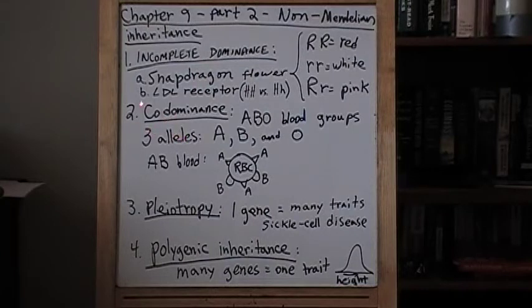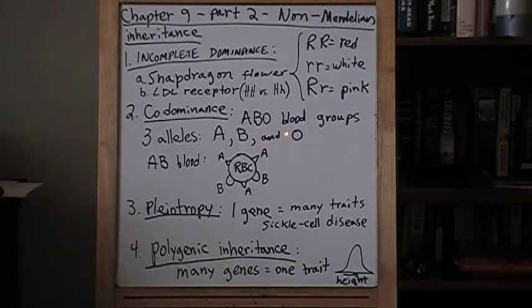And then the next one is called codominance. In codominance, you have 2 or more alleles, and the different alleles are both expressed independently of each other. An example of that is the ABO blood groups.